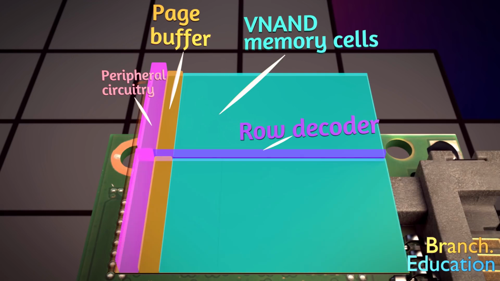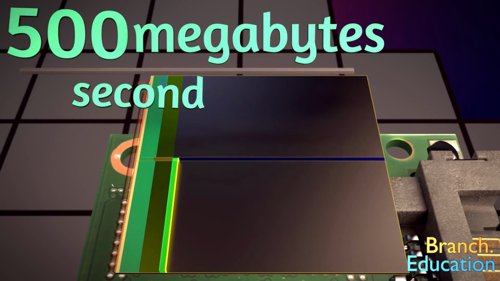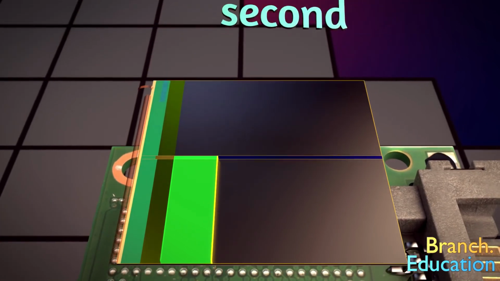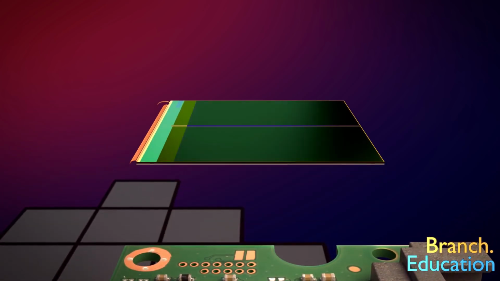This chip can read or write at a rate of around 500 megabytes per second. That means that it can read from or write to around 63 blocks every single second. That's incredibly fast.